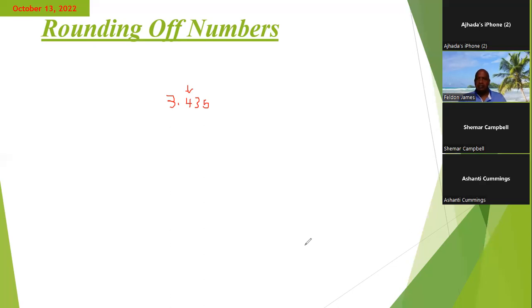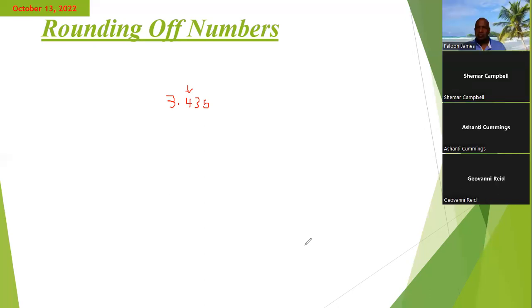Okay, sir. So you want it to be at one decimal place? Yes. Okay, so you will focus on the three that is in the hundredth place, sir. If it's five or more, then you will add one to the four, but if it's less than five, it will remain the same.